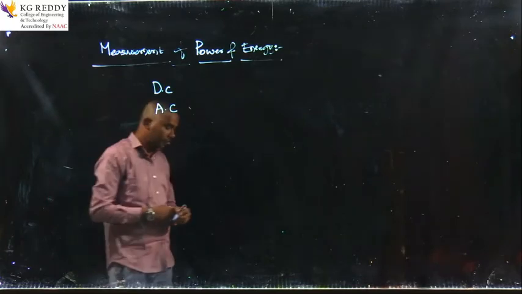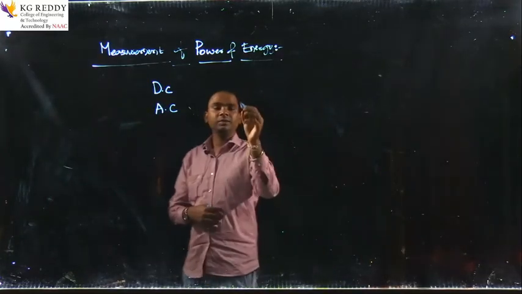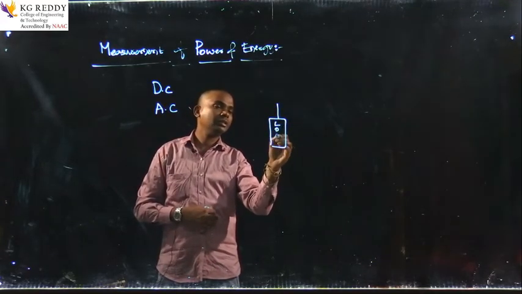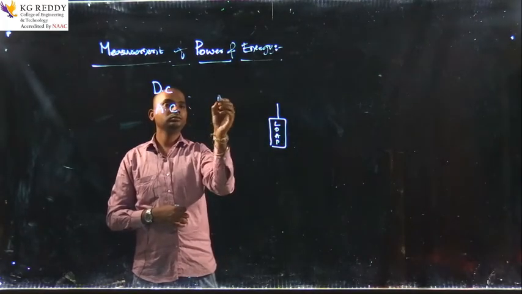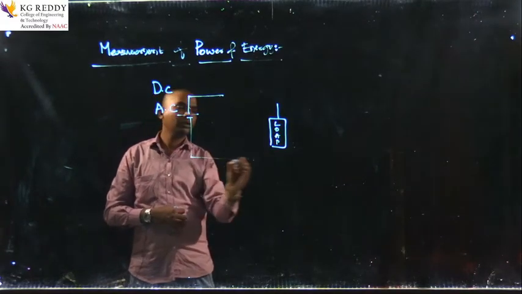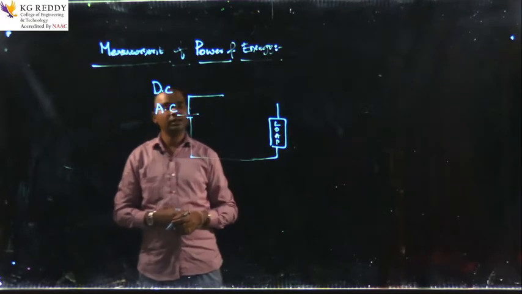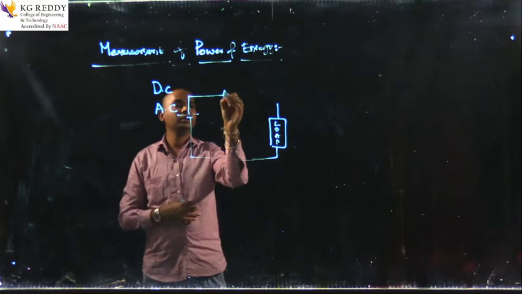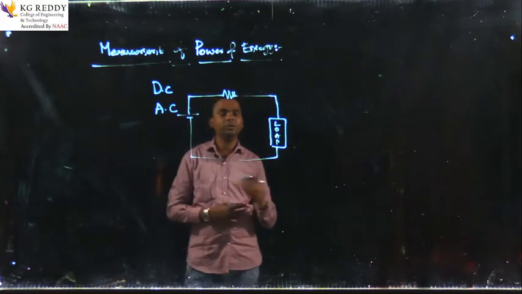Let us take a particular example. Here we are arranging a load, and the load is connected over here. I need to measure the power in that resistor, the amount of power in that particular circuit.